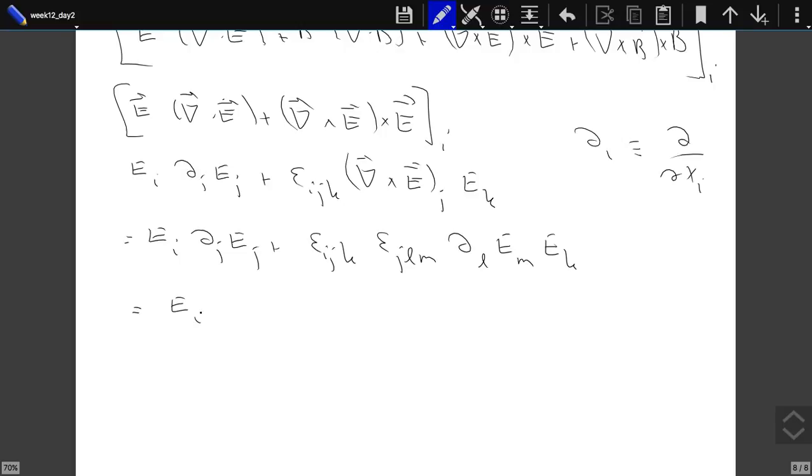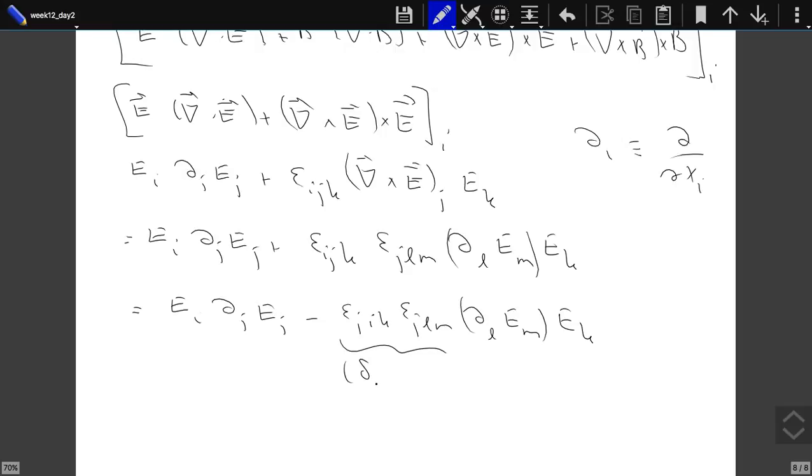So this is equal to E_i ∂_j E_j plus or minus ε_jik ε_jlm ∂_l E_m. This derivative is acting only on E_m, E_k. Now I will just multiply this, and that product is nothing but Kronecker delta il, Kronecker delta km, minus Kronecker delta im, Kronecker delta kl.